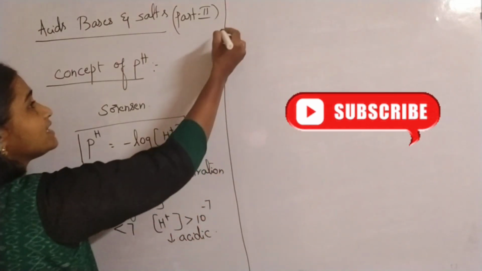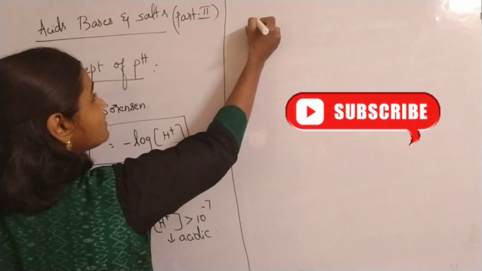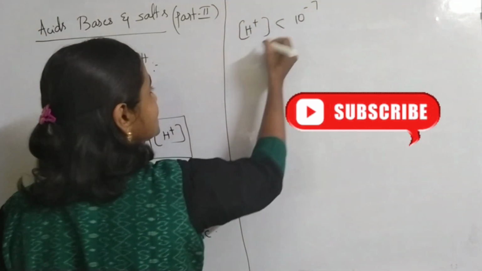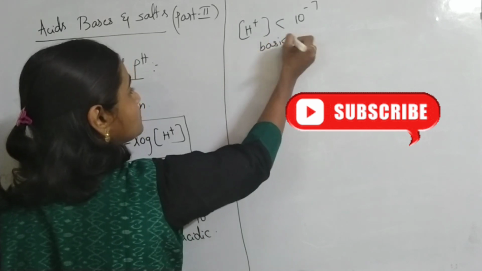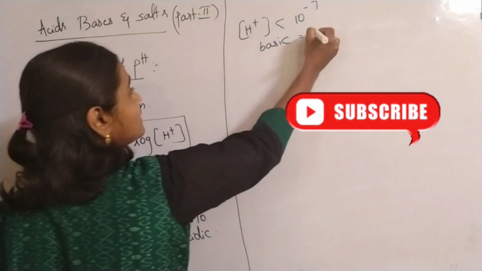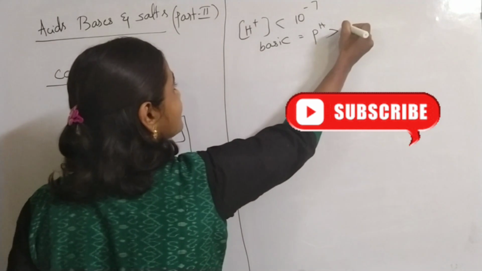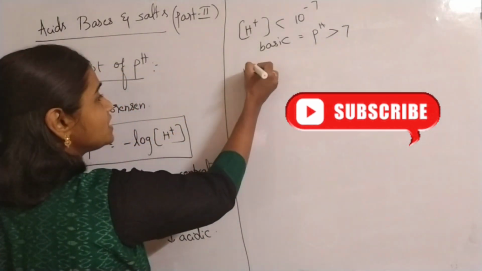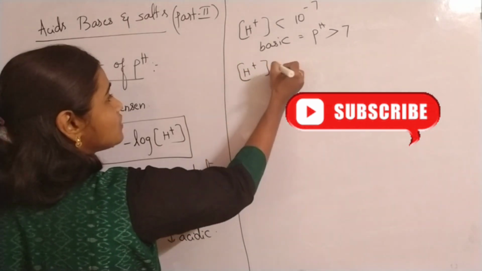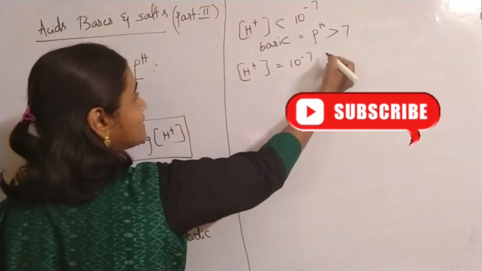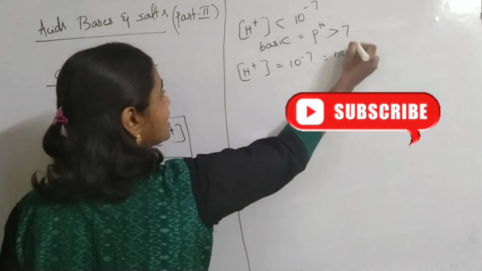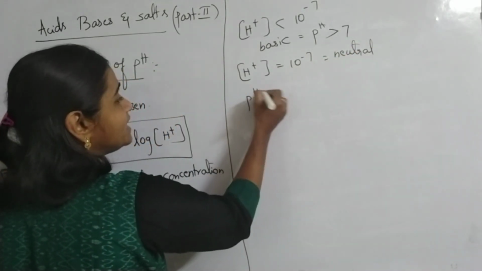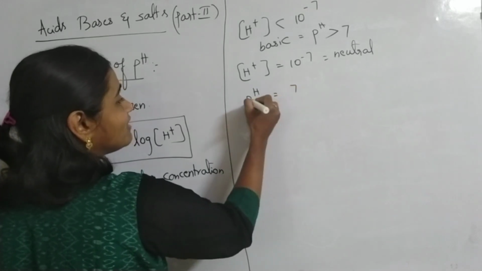Similarly, if the H plus ion concentration is less than 10 power minus 7, the substance is said to be basic, and its pH value will be greater than 7. For neutral substances, the H plus ion concentration is equal to 10 power minus 7, and the pH value will be exactly equal to 7.